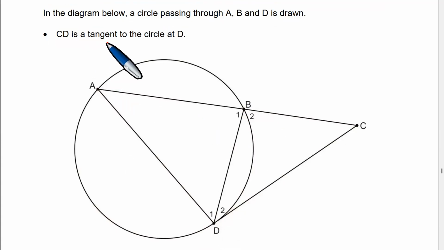CD is the tangent to the circle at D. Okay, so this CD is a tangent. Right, so a couple of observations that we're going to already make. If it's a tangent, then we know this angle here is equal to that angle there. Okay, so we make that observation.